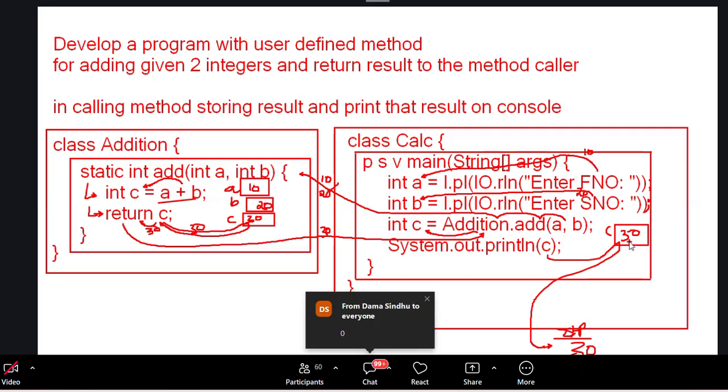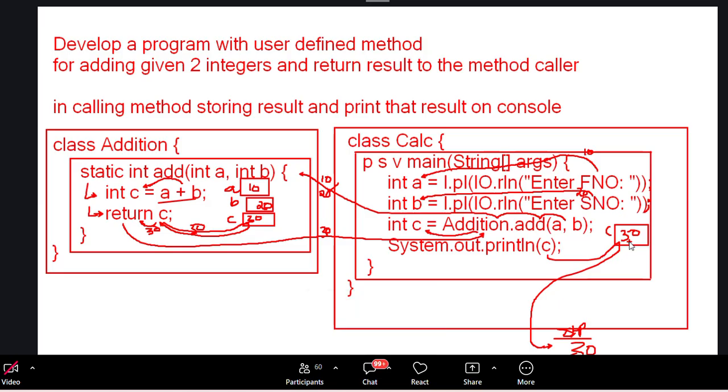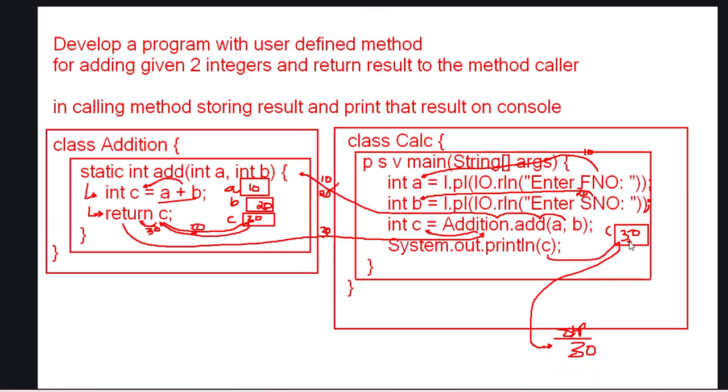Presently, are we developing programs? Are we developing logics? Where is the logic? Show me. No logics. We didn't enter into logic development. Still we are learning only program development, object-oriented programming.